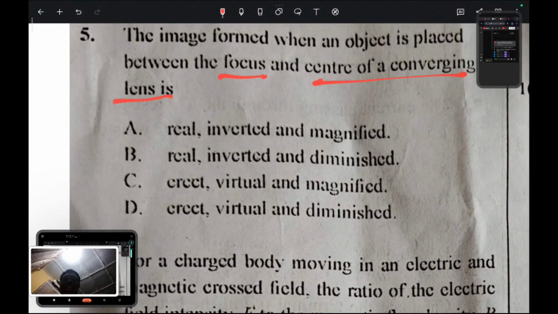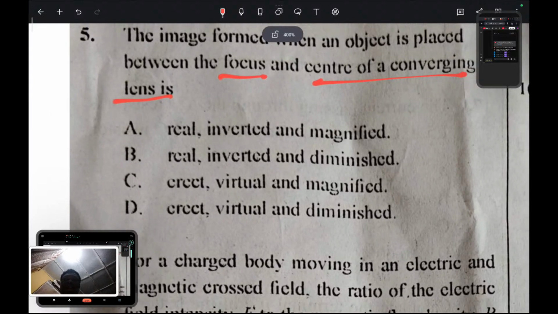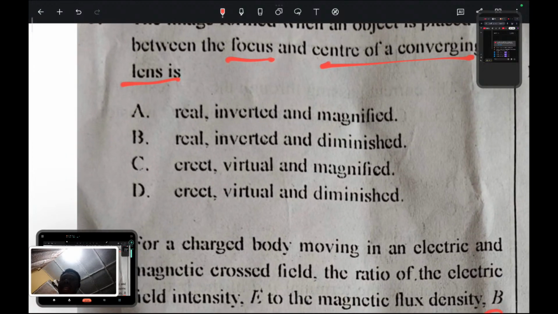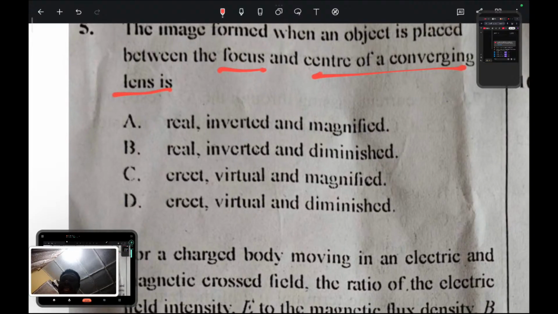If you have not gone through this, please, after this live, go through this particular topic because WAEC loves it a lot. We know that for a converging lens, an object between F and 2F will give us what?